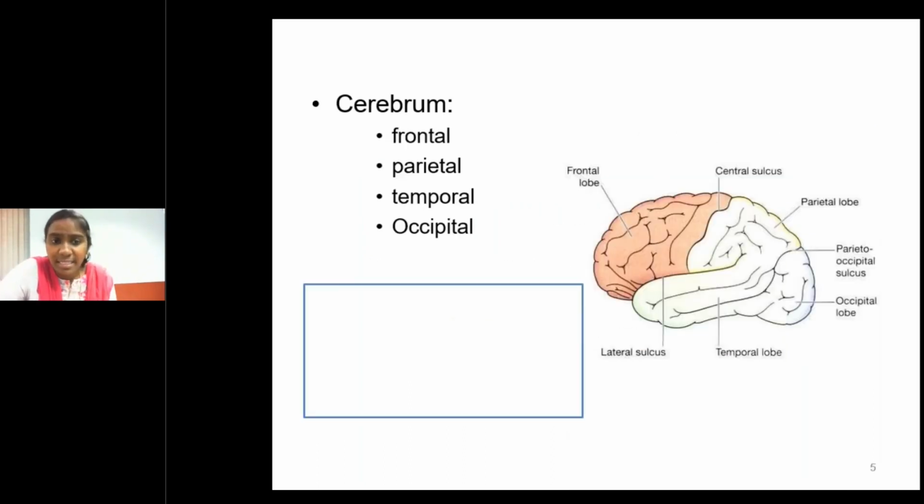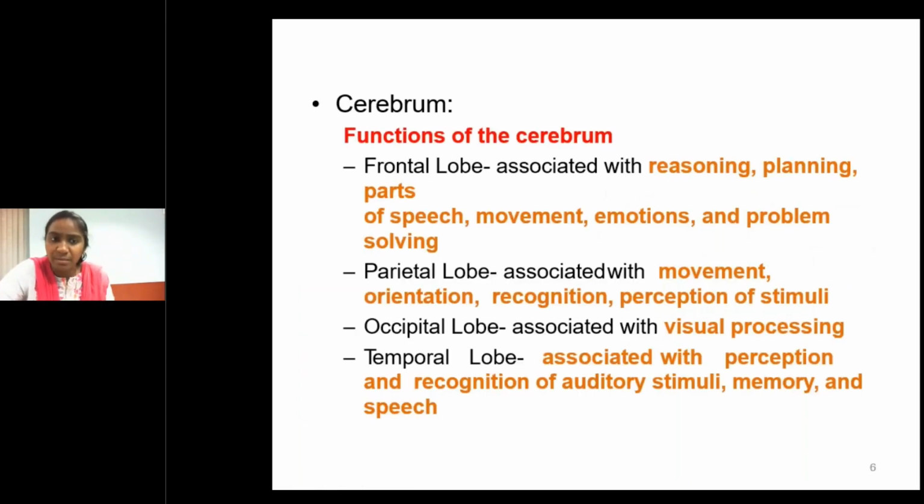The cerebrum is divided into four lobes: frontal lobe, parietal lobe, temporal lobe, and occipital lobe. Each lobe is responsible for different human activities and behavior.